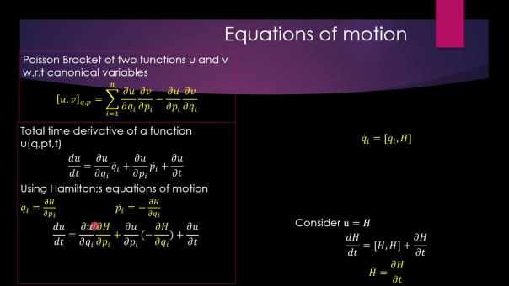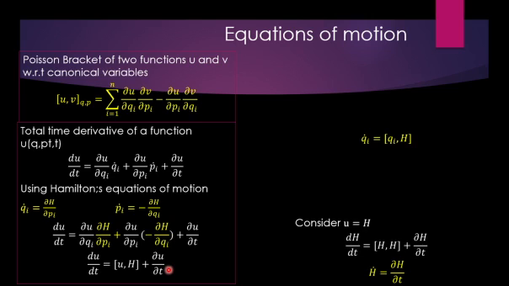This looks like the first term in the Poisson bracket between u and H, minus ∂u/∂pi into ∂H/∂qi, and this looks like the second term in the definition of the Poisson bracket. So instead of the first and second terms, I can write it as the Poisson bracket of u with H, plus the third term, that is ∂u/∂t.